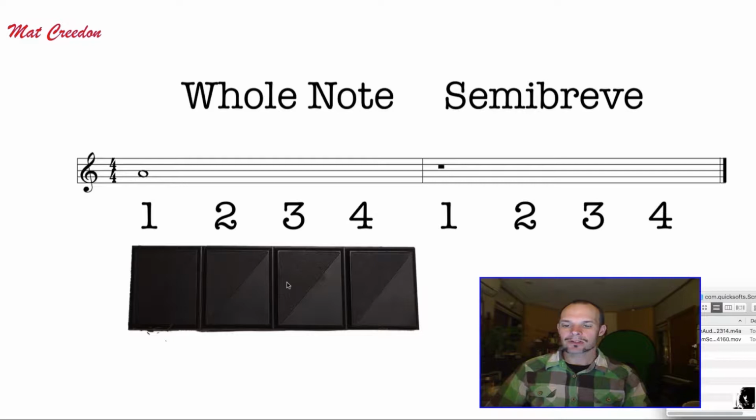And of course this chocolate bar, as you can see, is 4 squares or 4 beats or 4 quarters long. Now over on this side is a whole note rest, and a whole note rest also goes for 4 counts or 4 beats or 4 quarters. Okay, so that is a whole note.